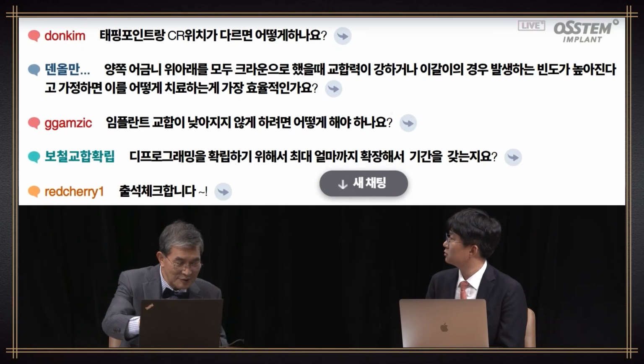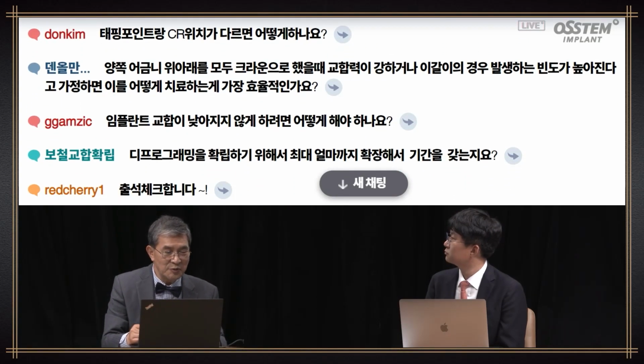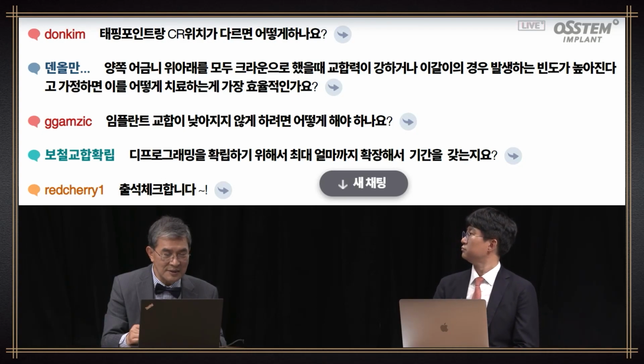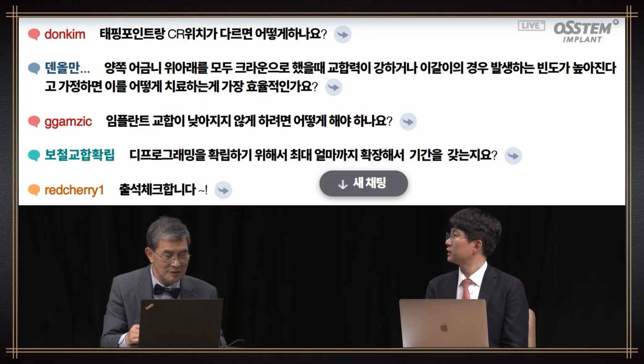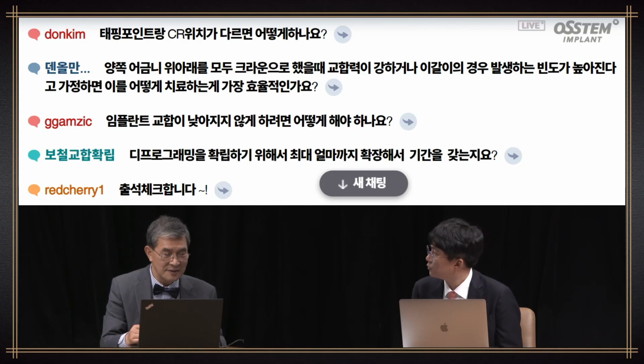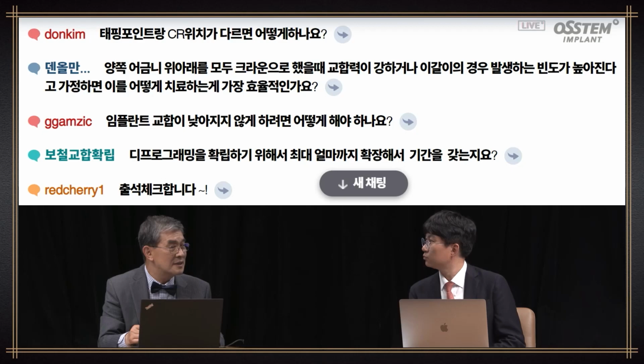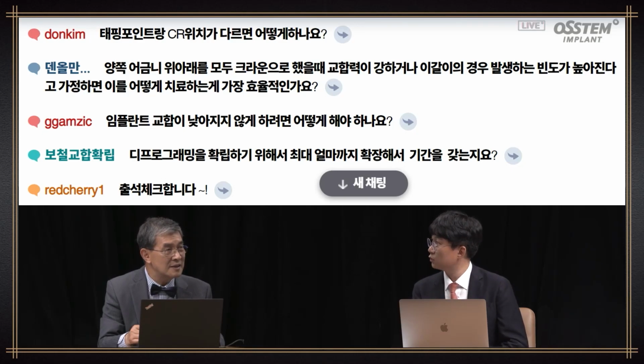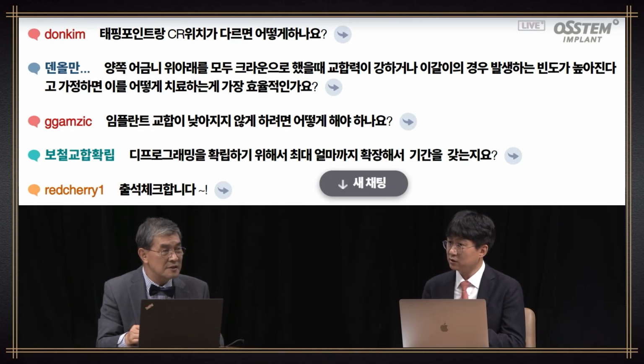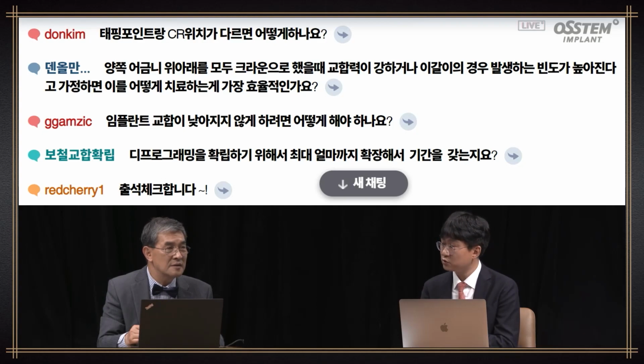Next, Dan Kim. If tapping point is different from CR, what happens? Actually, the definition of the word CR involves condyle and condylar discs. CR here, I would prefer to use the words condyle stability over CR. Ultimately, TMJ is not the position to discuss about CR.